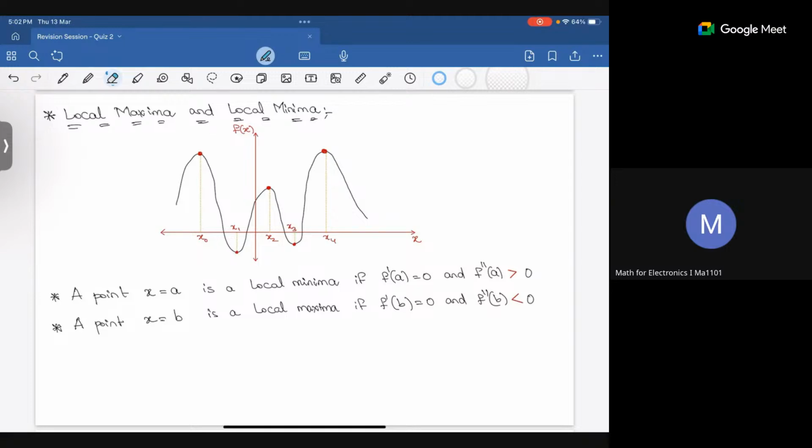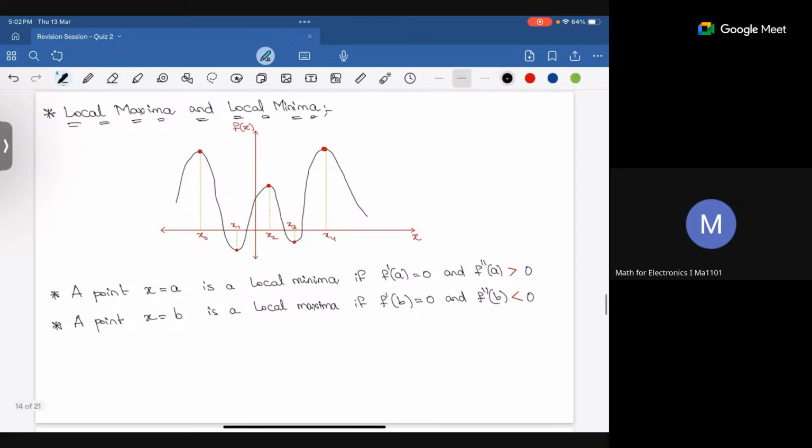So if the curve is given like this, this is f of x, the black curve, and you have some very special points. I have plotted them also: x0, x1, x2, x3, x4. These are special because at x0, the left of x0 and the right of x0 are both below this point. So this looks like a peak point. Mathematically also, till that point my function value is increasing, and after that point my function value is decreasing.